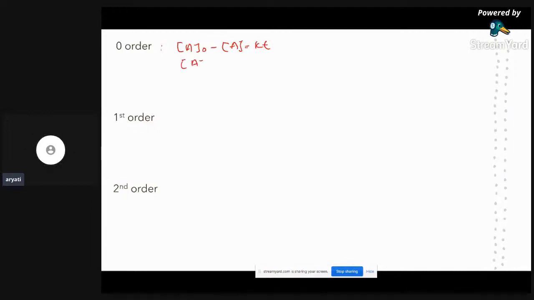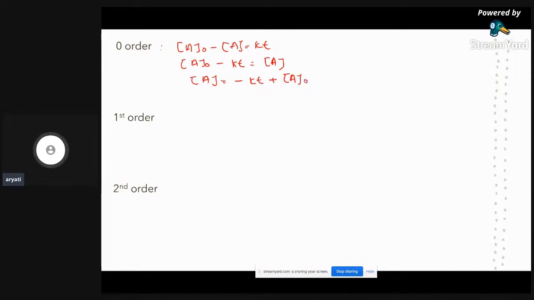So A naught minus KT equal to A. So if we make A the subject, A equal to negative KT plus A naught.